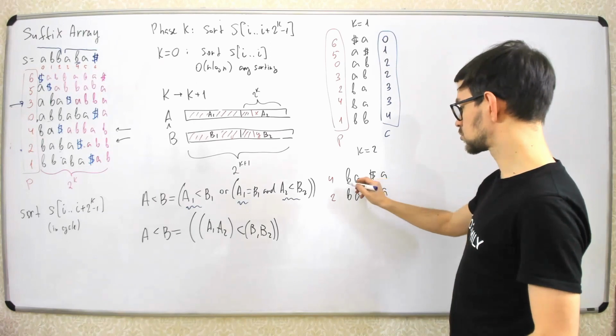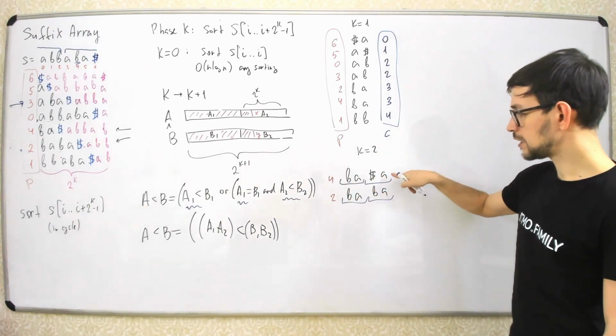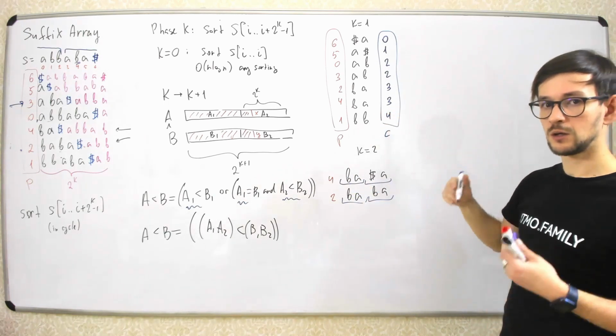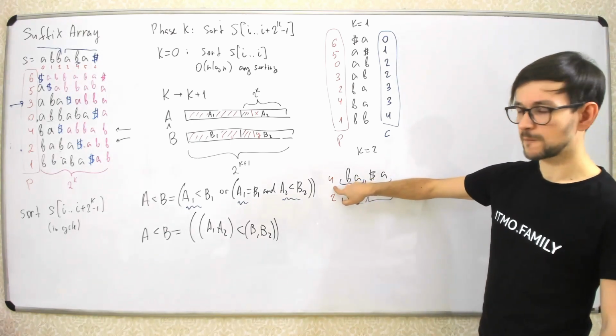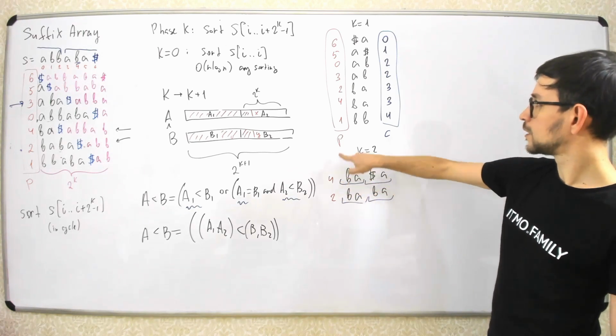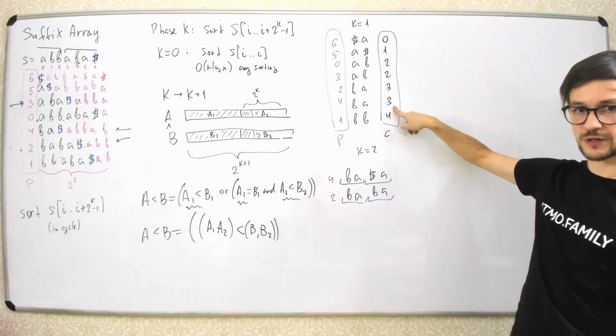So we split these two strings into two halves. Now, each of these strings we need to find in this array. Now it's easy, we know the positions. So this string is in position 4. So the first half is in position 4. We find position 4 and know the integer here is 3.